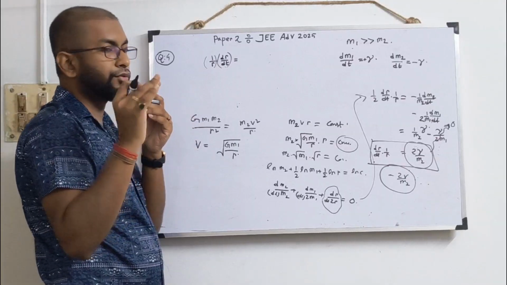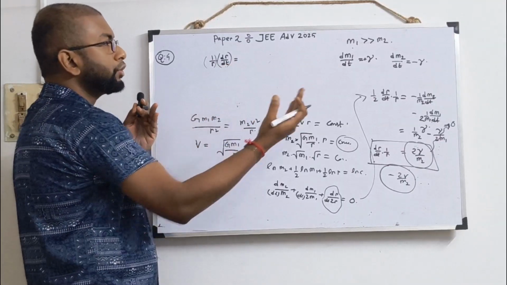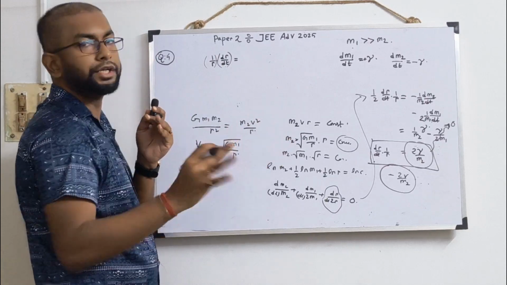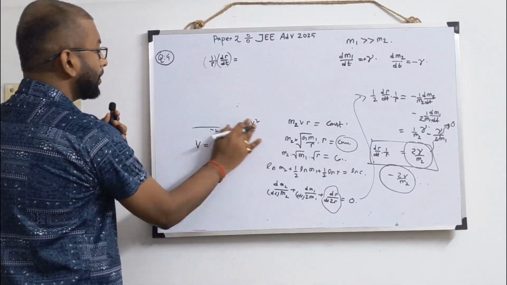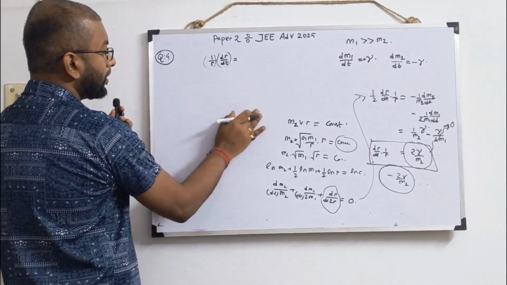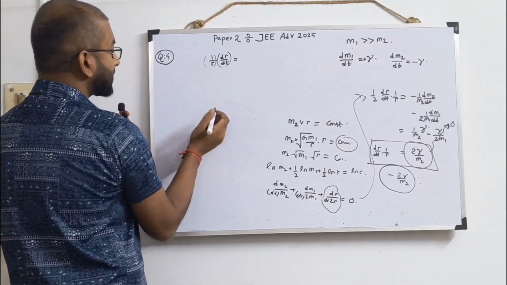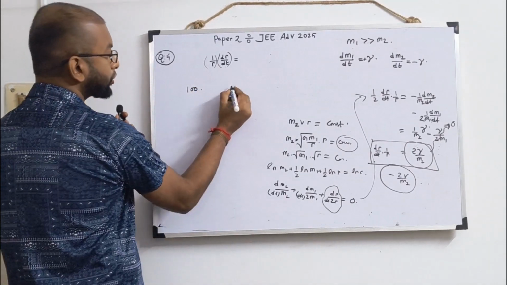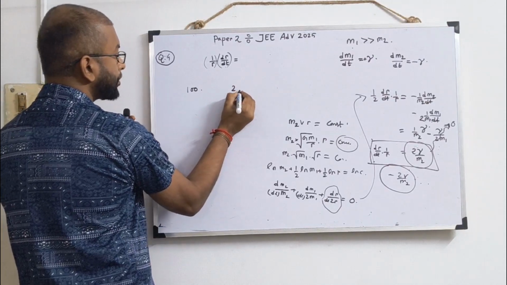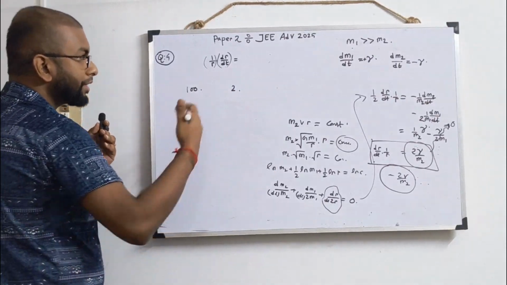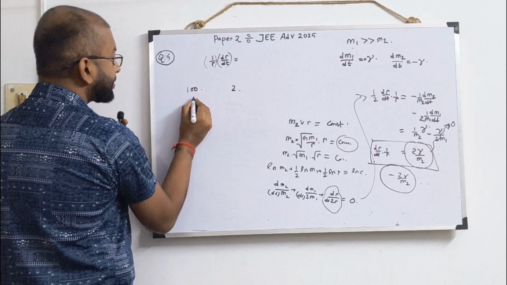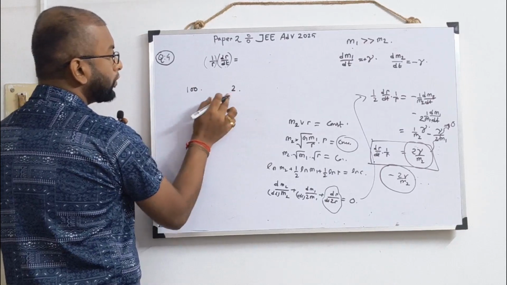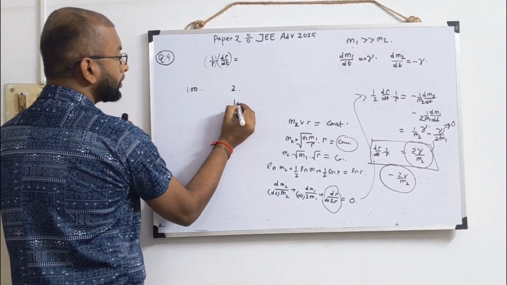Now let us analyze whether the distance between two masses will be decreasing or increasing. Let us take a very small mathematical example: let's say one mass is 100, and another mass, compared to this mass, is very small, so let us assume it is 2. Now let's say after a small time this mass is reduced by 1 kg, so it becomes 1.